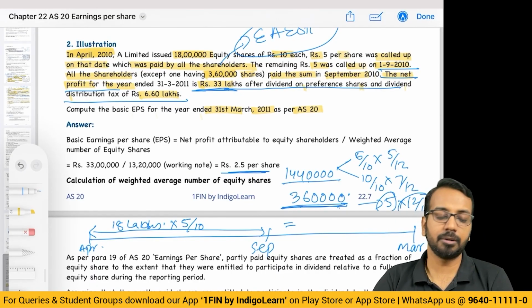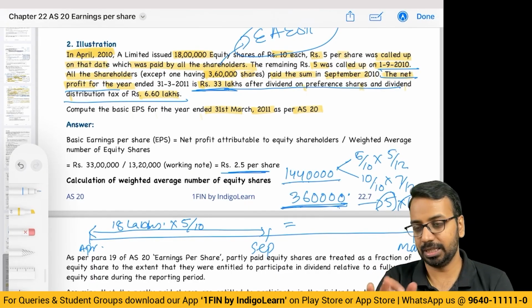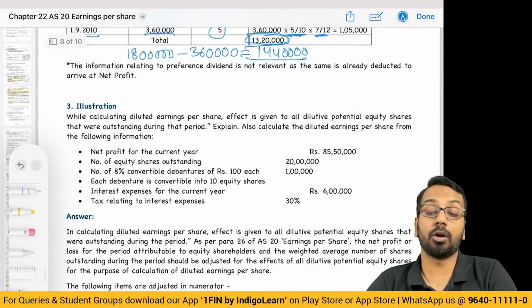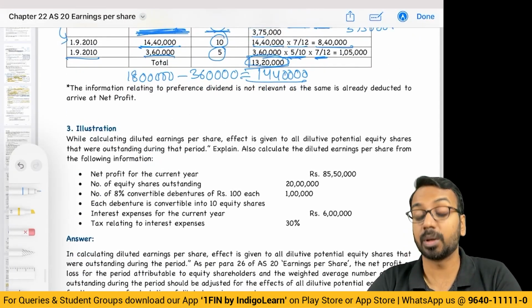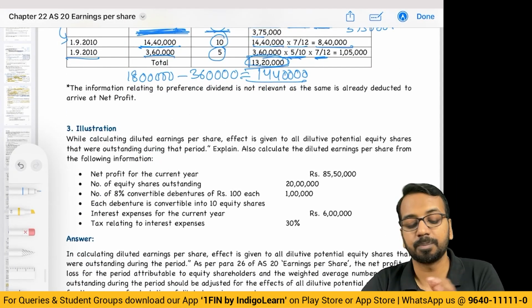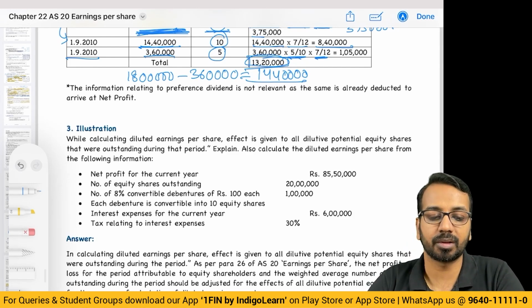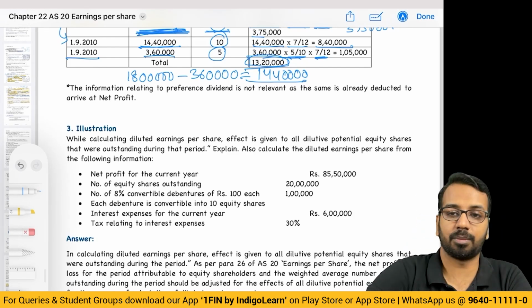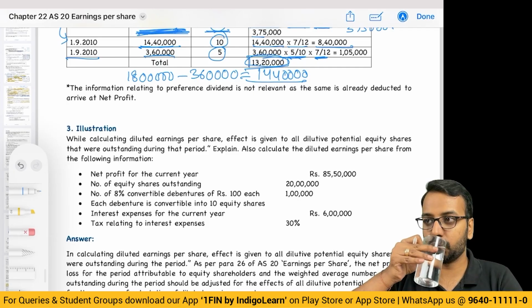Okay, simple question. Again, 4 marks or 5 marks, easily scoreable. And also now institute what they have done in September, and what I think they will continuously do is they will ask you MCQs where you have to calculate only the weighted average number of shares. Okay, so that thing you can keep in mind.